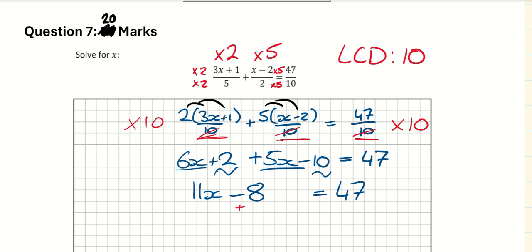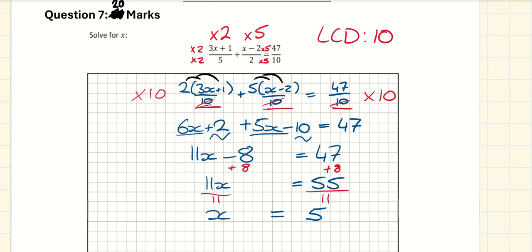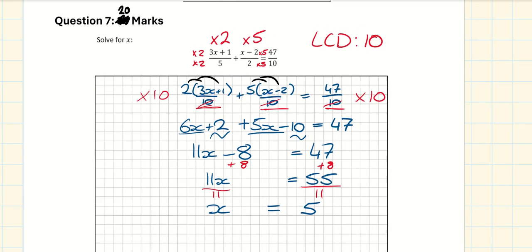Then we can move over our 8, keep it balanced, plus 8, and we get 11x equals 55. And last step is divide by 11 to get our final amount, and we will be left with x is equal to 5.